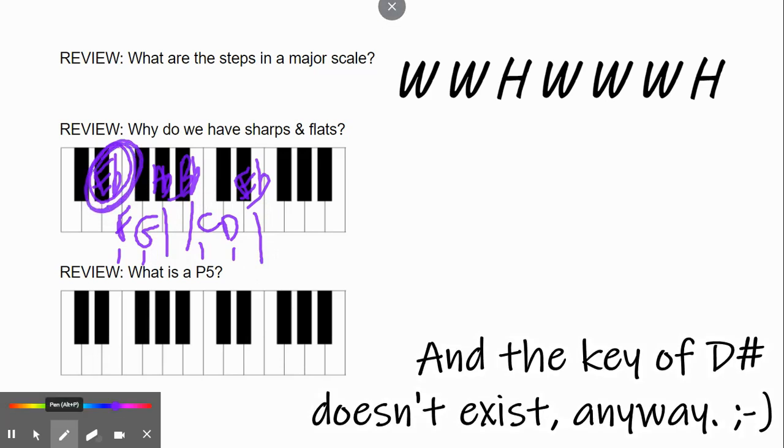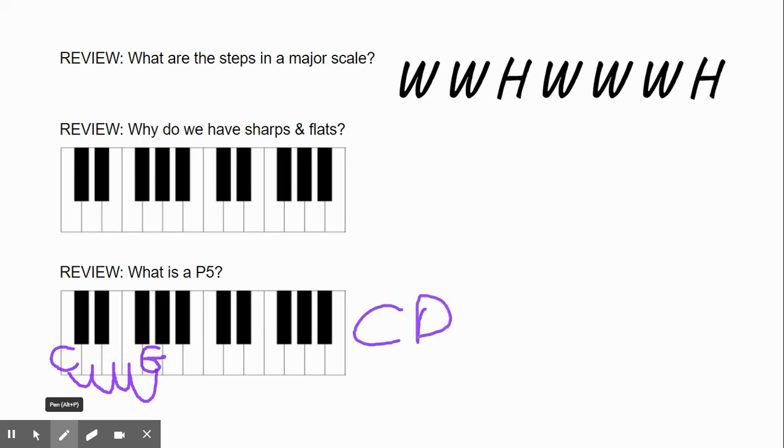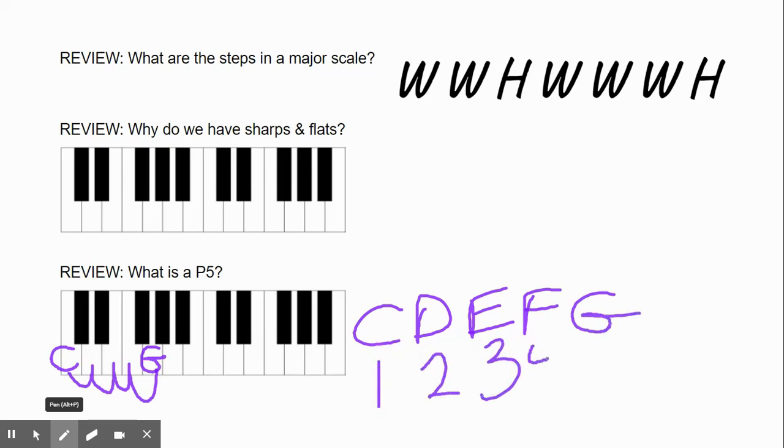We're not doing that. So what is a perfect fifth? If I start on C and I go whole step, half step, whole step, I'm on G. And if I count those letters, C, D, E, F, G, those are my scale degrees 1, 2, 3, 4, 5.